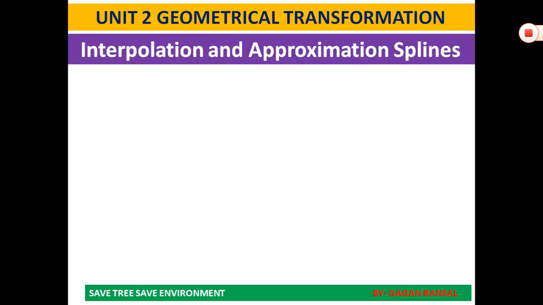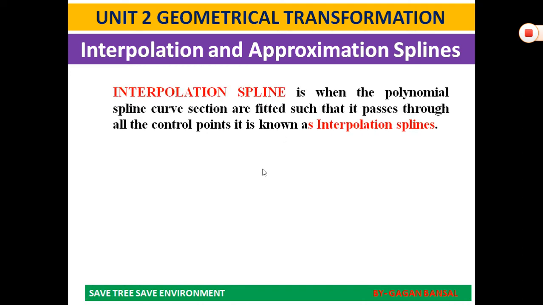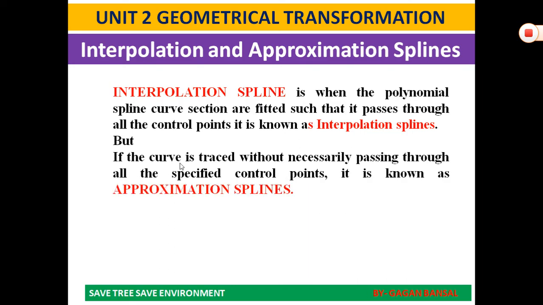And what is an approximation spline? An interpolation spline is when the polynomial spline curve sections are fitted such that they pass through all the control points. Clear? Now, if the curve is traced without necessarily passing through all the specified control points, it is known as an approximation spline.